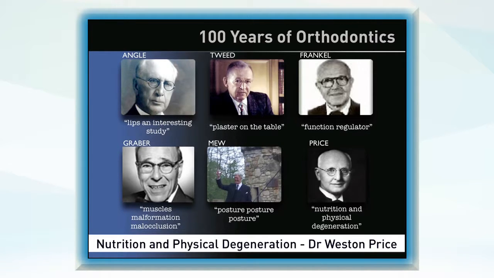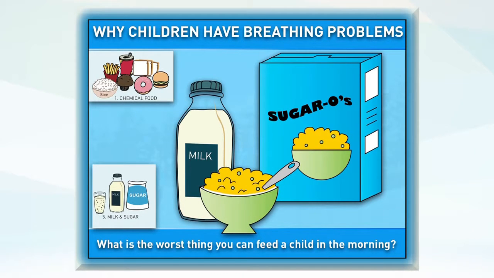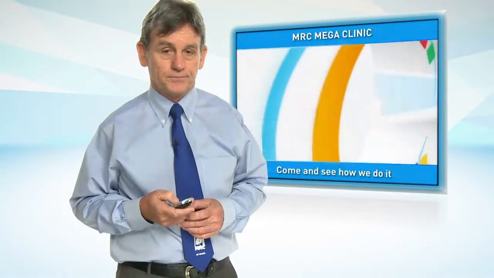So some react really well, some react much more slowly. Diet is a big factor, and I say to parents, the worst thing you can feed a child in the morning is milk and a sugary cereal, and you want to eliminate the things that we know are bad about the diet, because that makes a great effect on treatment.